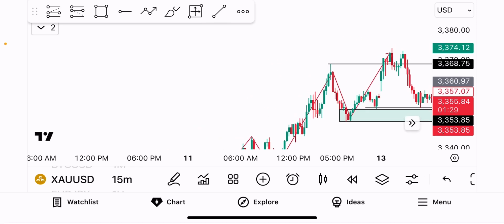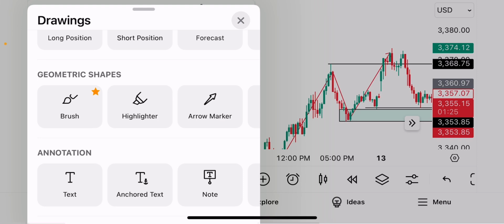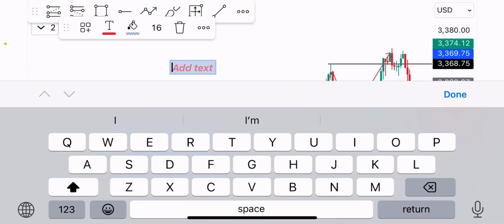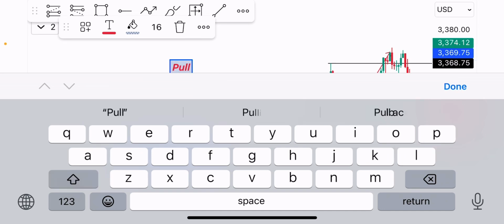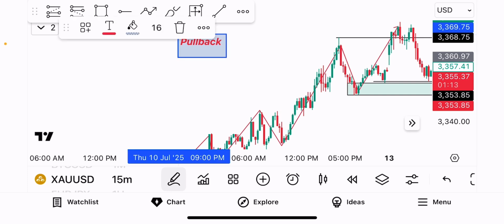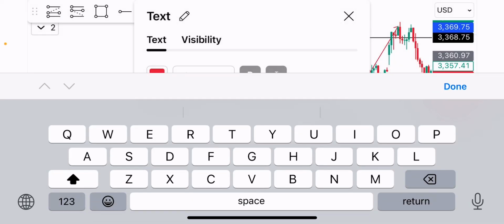First of all, if I am waiting for a pullback, then after the pullback, the next thing I wait for is for momentum to slow down. Okay, so I will list all the things I wait for.